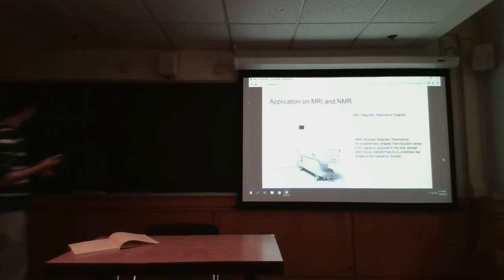So I drew a little graph here. This is basically a wire, and I'm just showing a simple version of how NMR works. It's a little wire, and you put a magnetic field into this. If there is a molecule, it will have a nucleus and a lot of electrons surrounding it.